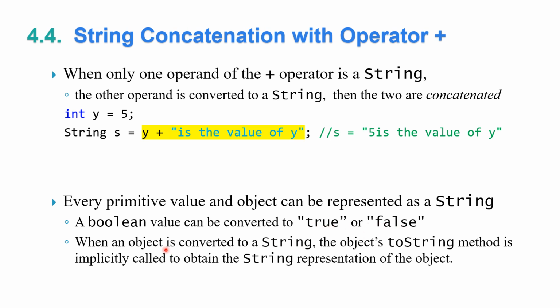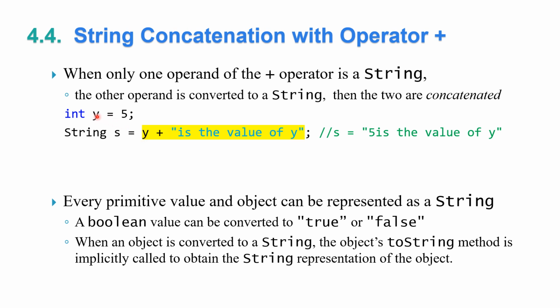When an object is converted to a string, the object's toString method is implicitly called to obtain the string representation of the object.